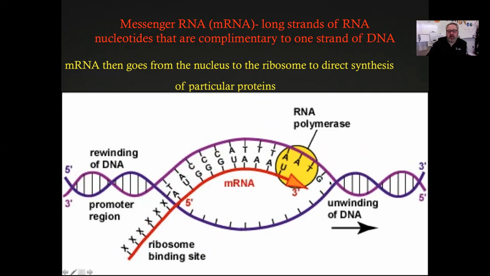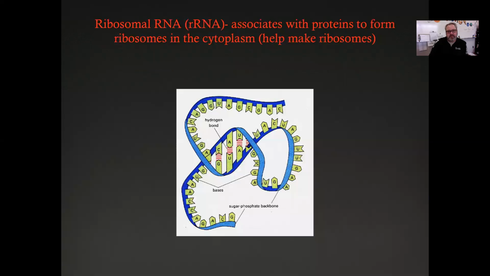But as that opens up, RNA polymerase adds these little nucleotides, the adenines and the uracils and the guanines and the cytosines, to a strand of mRNA. So that strand of mRNA comes in, it gets made complementary to the DNA strand. The mRNA then goes from the nucleus of the cell to the ribosome in the cell, and it tells the ribosome how to make certain proteins.